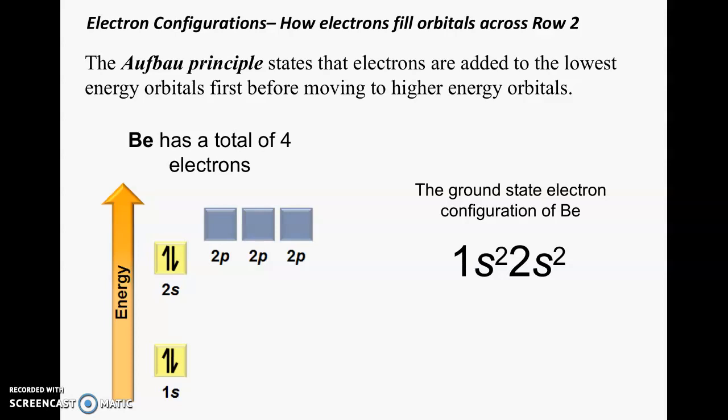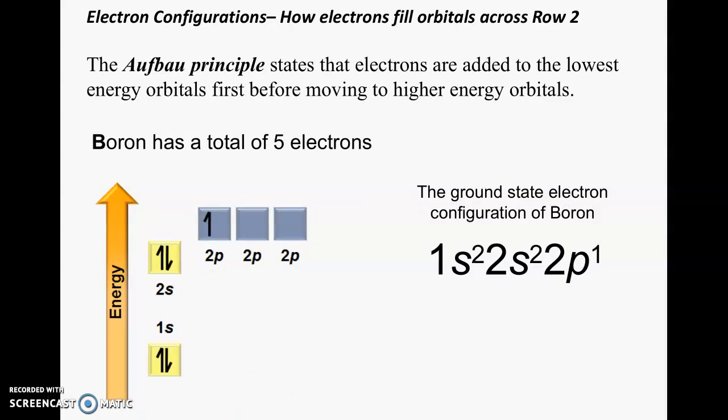The other thing I will point out is that, because we have multiple electrons, the p orbitals are slightly higher in energy than the s, and we will come back to that a little bit later as we finish going through this second row.